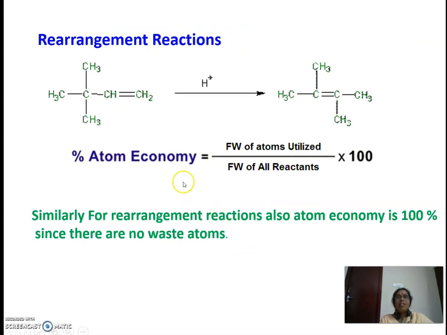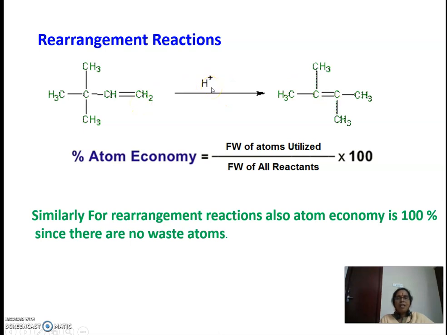Similarly, consider rearrangement reactions, for example, the rearrangement of 3,3-dimethyl-1-butene to 2,3-dimethyl-2-butene in the presence of acid. Here the acid is acting as a catalyst. Therefore, it is written above the arrow mark. It is neither written on the reactant side nor on the product side.